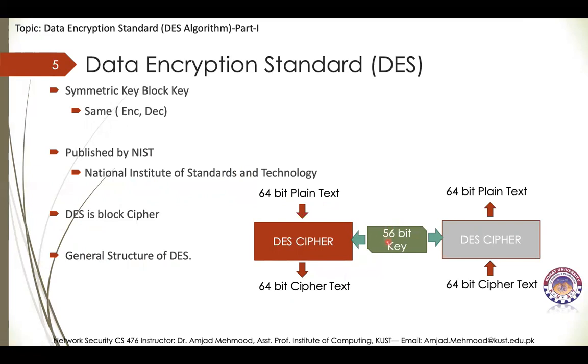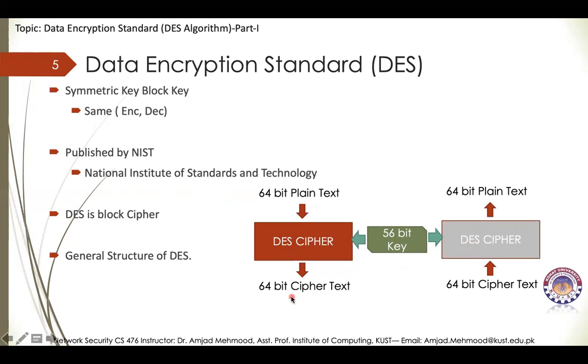As I have mentioned 56-bit, but in a previous lecture, if you remember, this was reduced to 48 bits, because this is the original 56-bit key, and we have to produce 16 subkeys from this 56-bit key, and the size of each subkey would be 48 bits. I'll discuss that in coming slides as well.